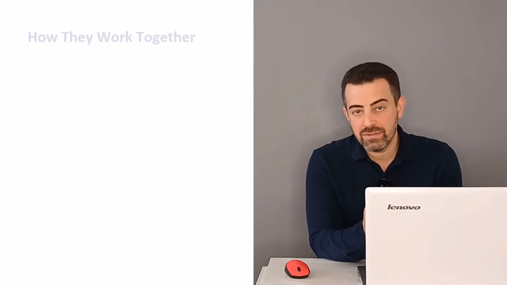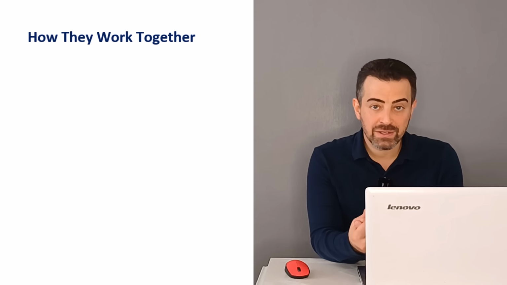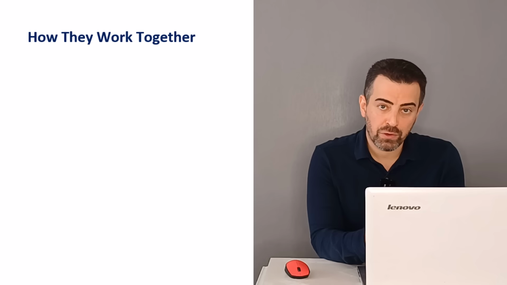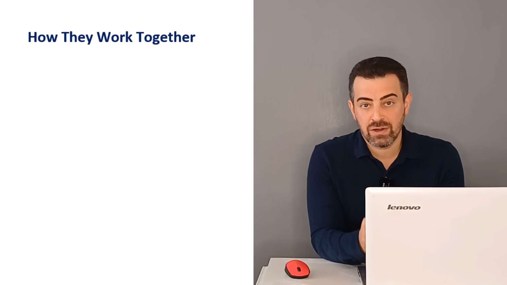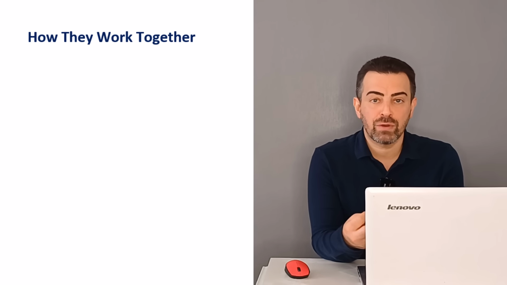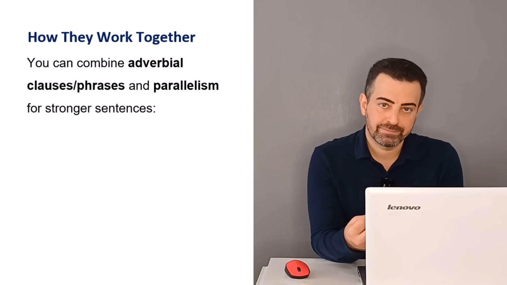And now that we have learned how to use adverbial phrases and clauses as well as parallelism, is there a way to combine these two structures and make more complex sentences to get a higher score in your writing? Of course. To get a higher score in your writing, you need to demonstrate your ability in making more complex sentences and a range of more advanced structures.